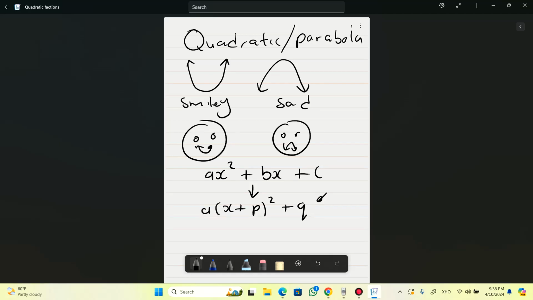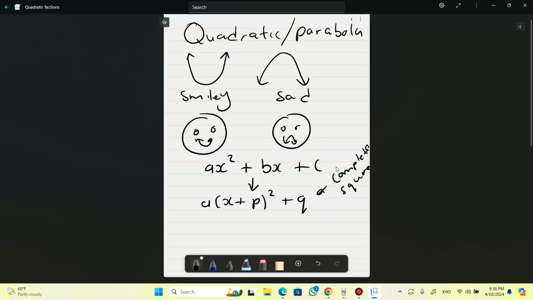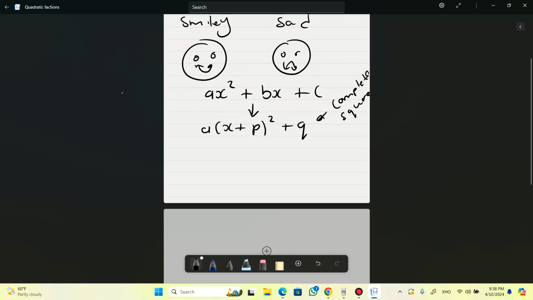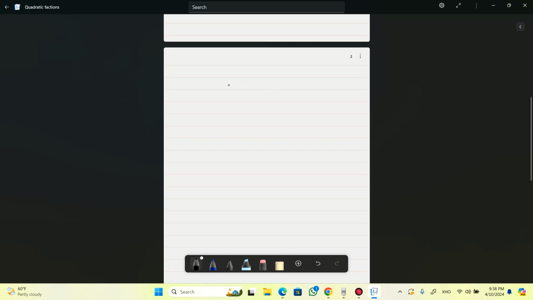So this is done by completing the square. So again, make sure you know how to complete the square in order for you to change this form here into this one here, right?